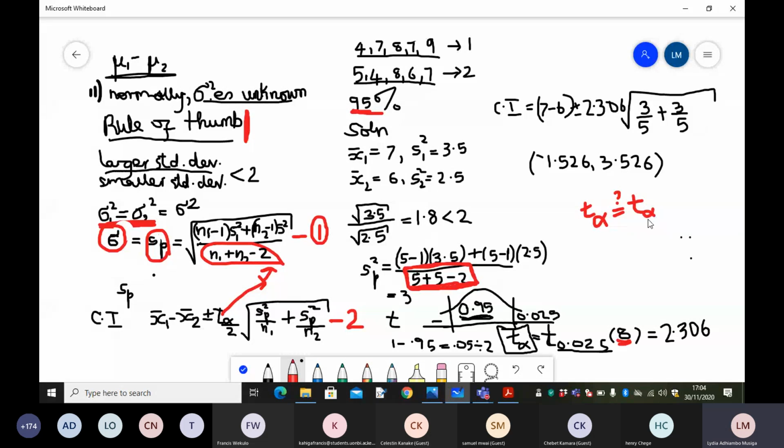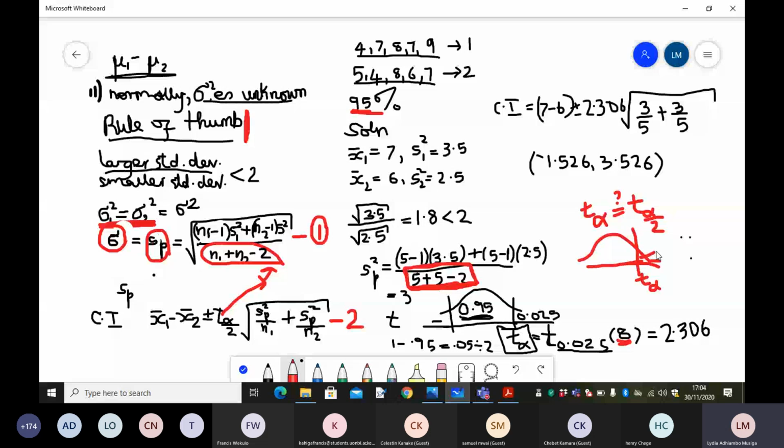Why? Because when we write T alpha, then we are saying that the area to the right is alpha. If we say T alpha, it means that this area here is the one which is alpha.